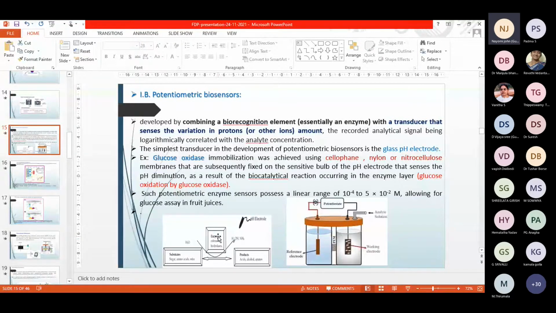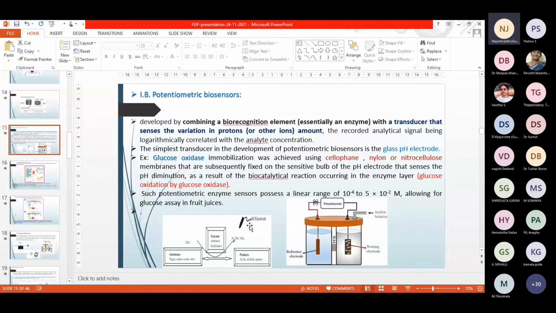The transducer will take up the hydrogen ions, so nothing but a pH electrode. So the pH electrode, how you detect the pH is due to the concentration of the H plus ions. So here also there is a release of the H plus ions due to the conversion of the substrate to product. That H plus will be detected by the pH meter.